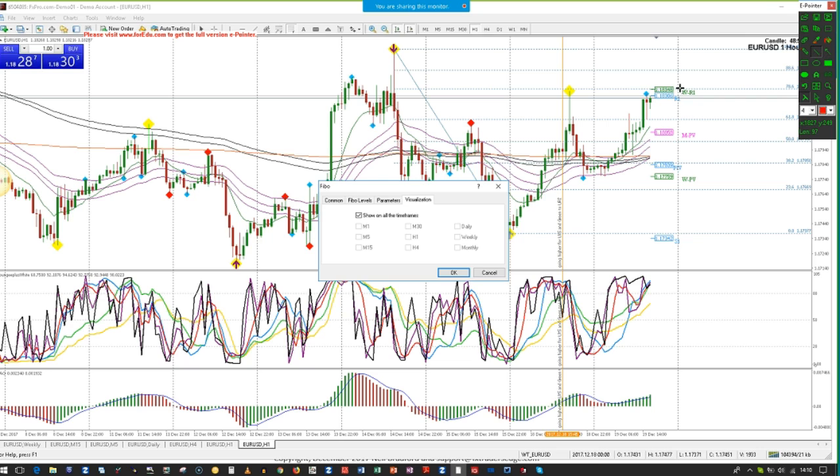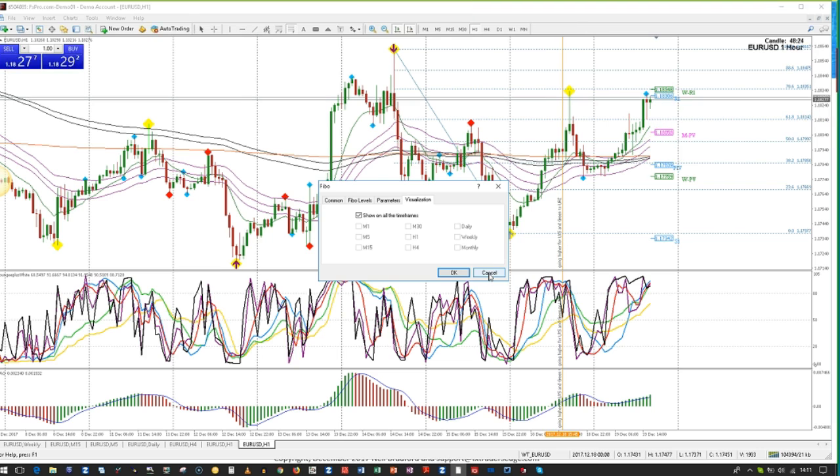Quite often we don't know if it's going to bounce off the 61.8, the 78.6, or the 88.6. And by looking at the bungee and the semaphores and what's most high probability going to happen, it helps us identify which level price will respect.